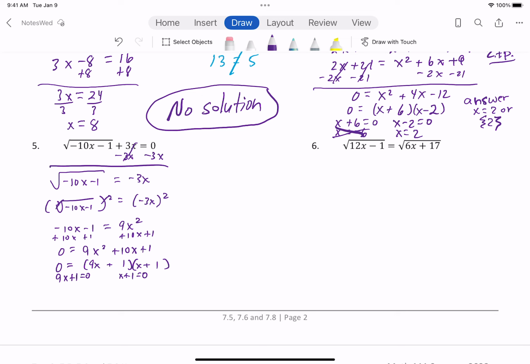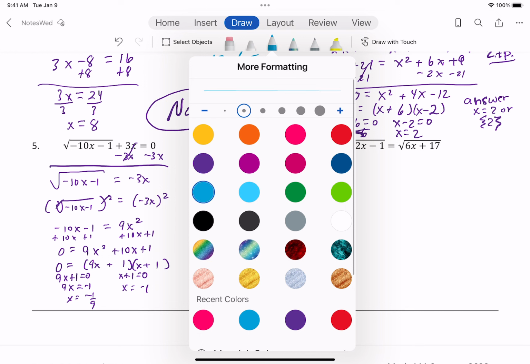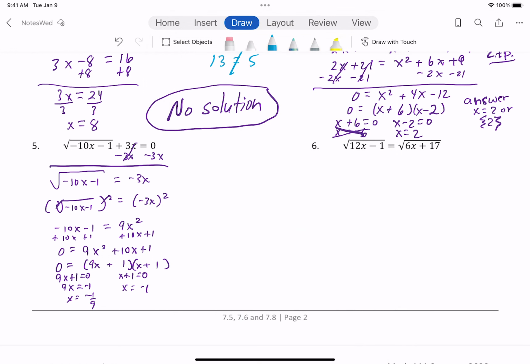We use the zero factor property. And I get x is equal to 1/9 and x is equal to -1. And I bet you can see what the issue with this one is going to be. Nobody wants to try to plug that -1/9 in, right?